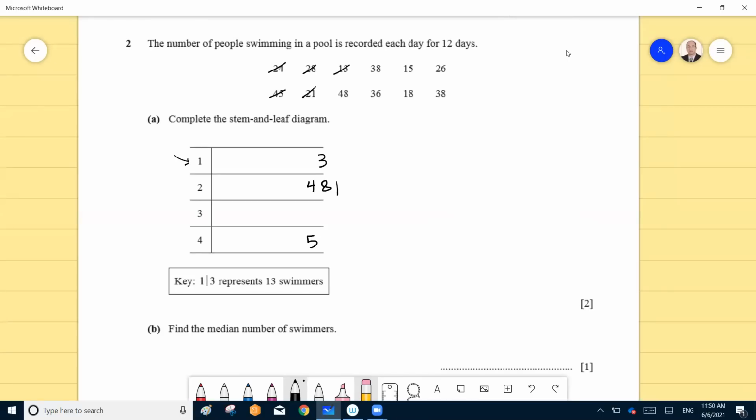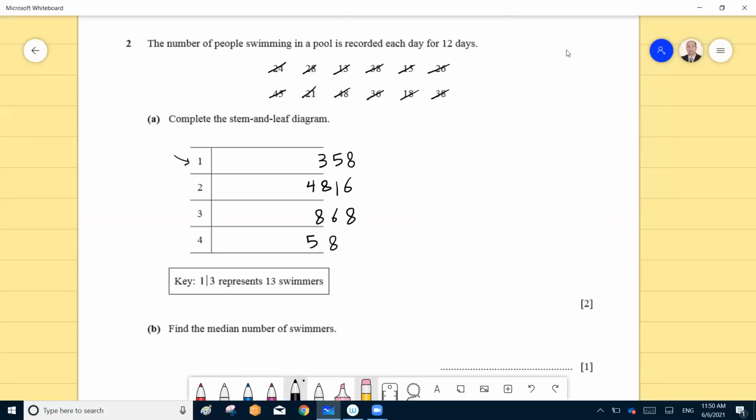Already 1 is written, just write 3. 48, 38, 36, 15, 18, 26, and 38.